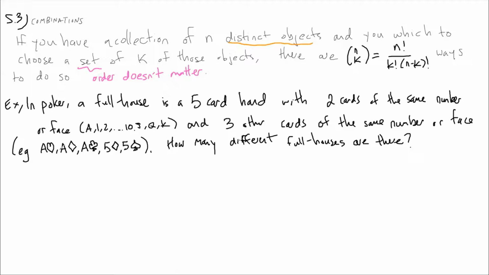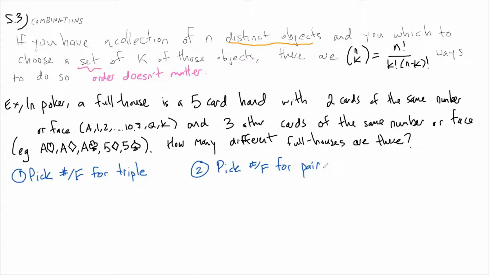So what I'm going to do is pick my number or face, which I'm just going to call NF. So I'm going to pick my number or face for the triple. So step 1. And then step 2 is going to be pick the number or face for the pair.